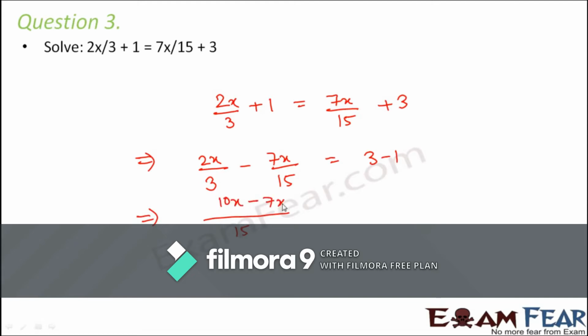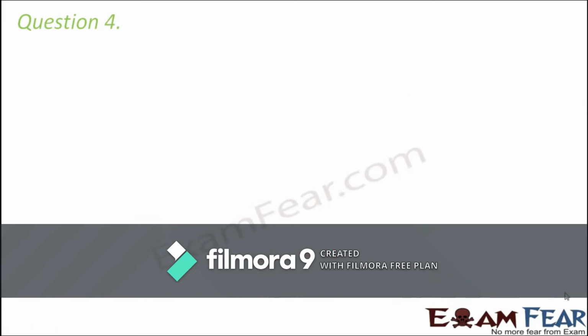So this would be 10x minus 7x and this would be equal to 2. So this is 3x divided by 15 is equal to 2, or we can say 3x would be equal to 2 into 15, or 3x is equal to 30. Therefore x is equal to 30 divided by 3. So 3 tens are 30, so x is equal to 10 would be a solution for this equation.